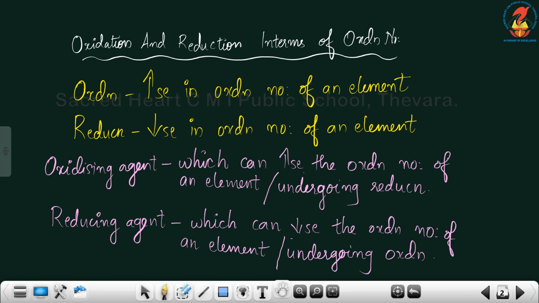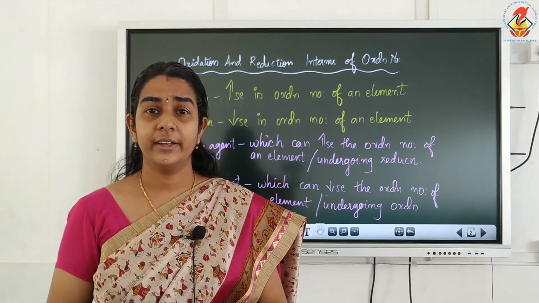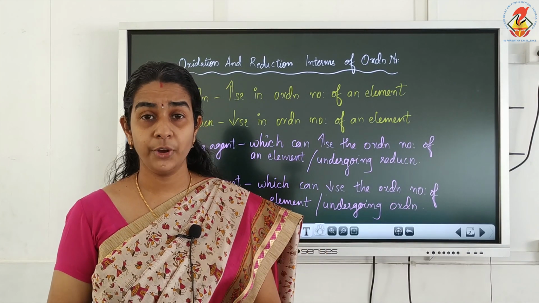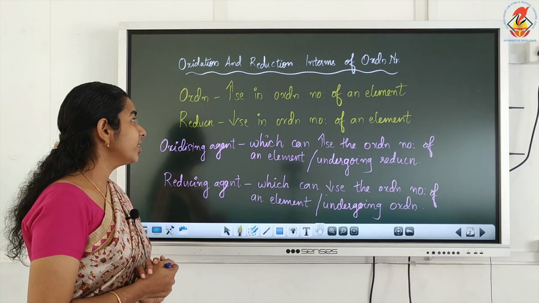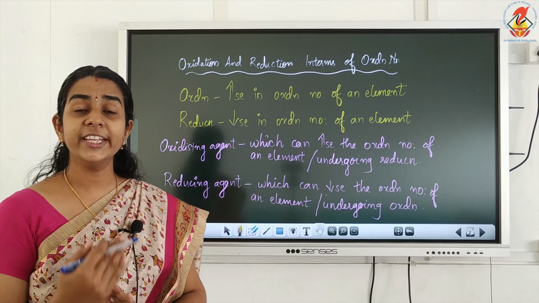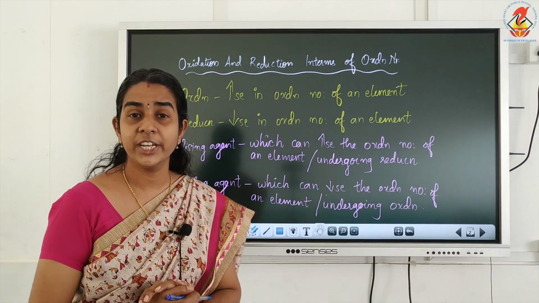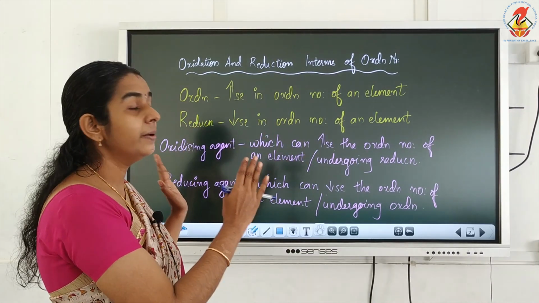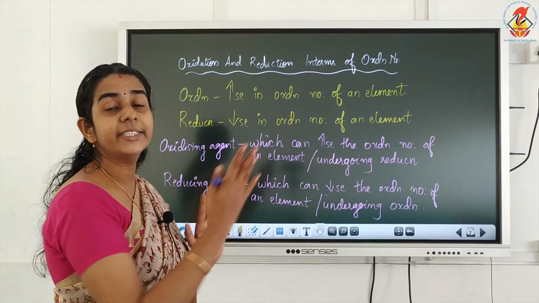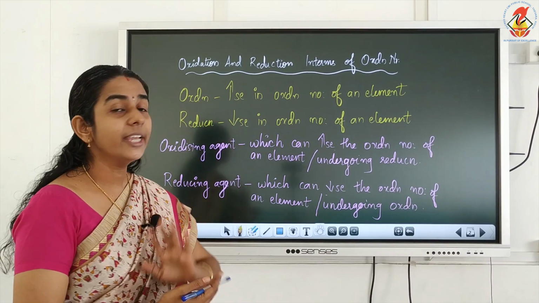Now we will see oxidation and reduction in terms of oxidation number. After assigning the oxidation number, how can we say which atom is undergoing oxidation and which is undergoing reduction? If an equation is given, compare the left hand side and right hand side of the equation.